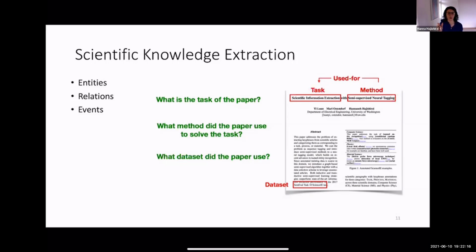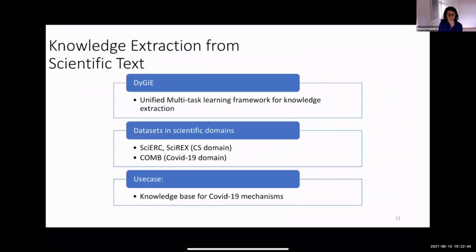For example, scientific information extraction is a task that we've addressed in this paper. And then how these things are related to each other. For example, one specific method is being used for a specific task, or what is the data set that is being used for this particular task? There are different types of relationships that exist among these important scientific concepts.